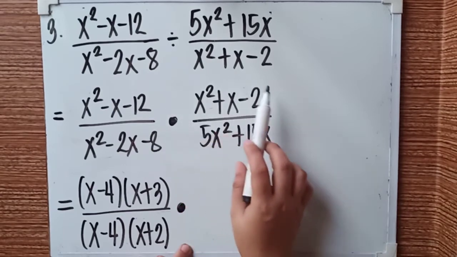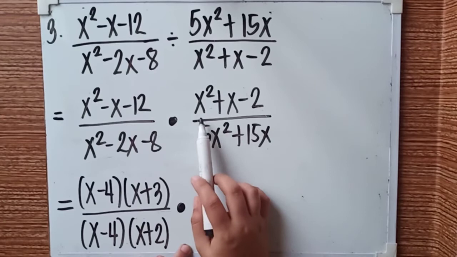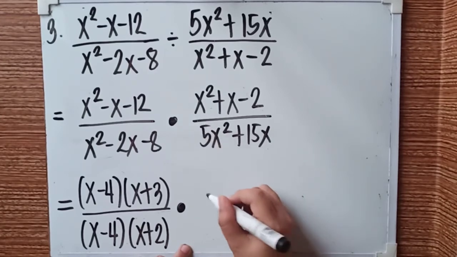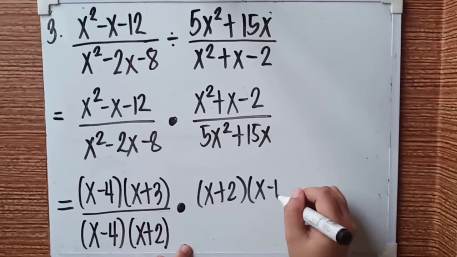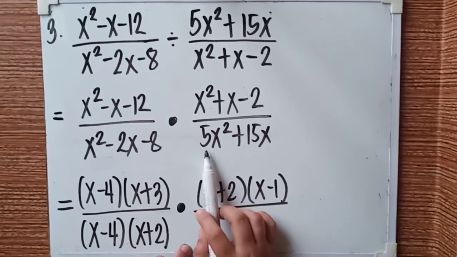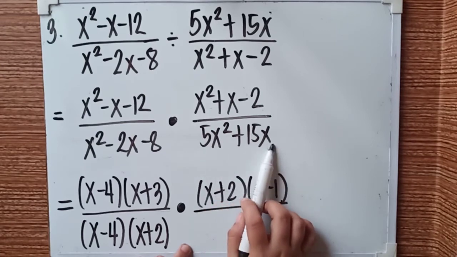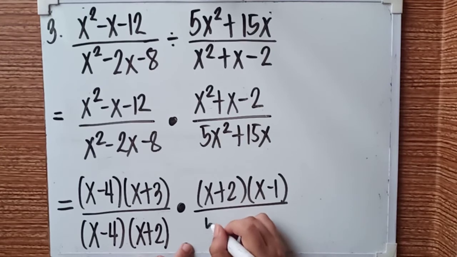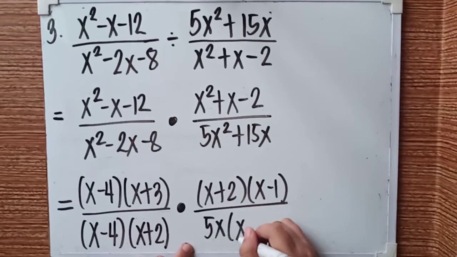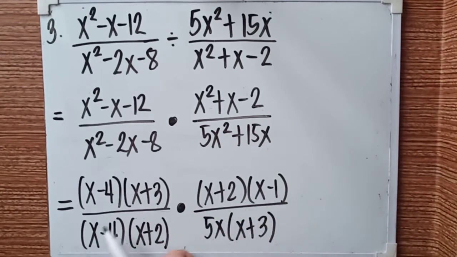Use factoring general trinomial where a equals 1. And the factors are x plus 2, x minus 1 over. Use common monomial factoring for 5x squared plus 15x, mas kilala sa GCF. The factors are 5x and x plus 3. Na-factor out na natin lahat.